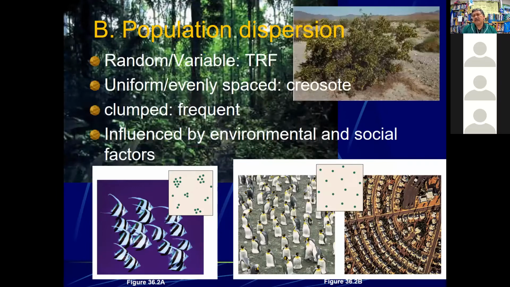Now dispersion happens this way, and the fourth bullet down says it's influenced by environmental and social factors. Here are social factors. The human population is spaced out to a certain degree, and in different cultures and socially, people live closer together. I know friends in town who have several families that live within one house. We have communities that are newer, where the houses are closer together.